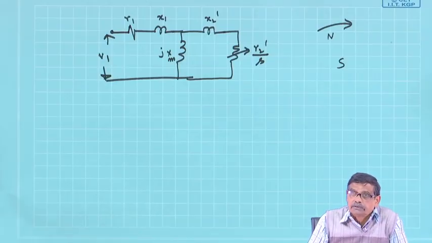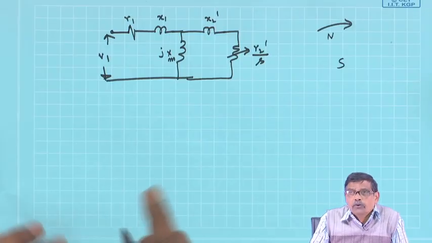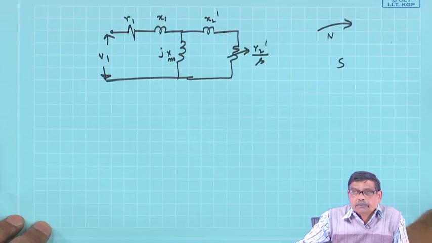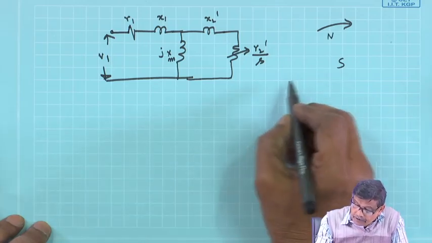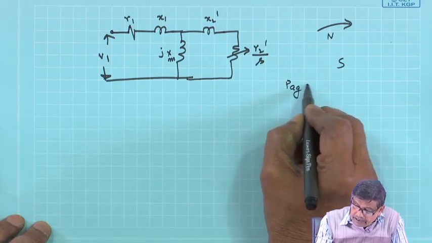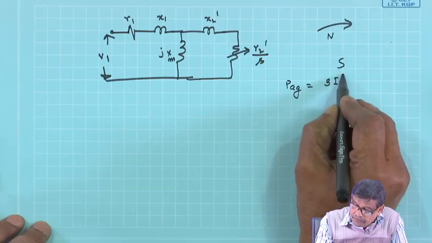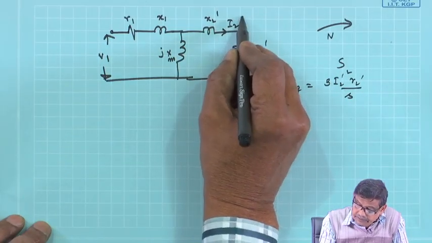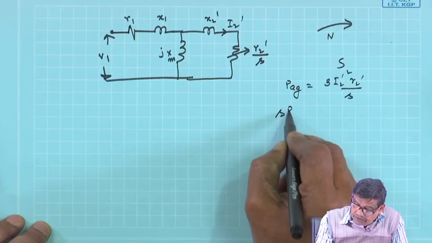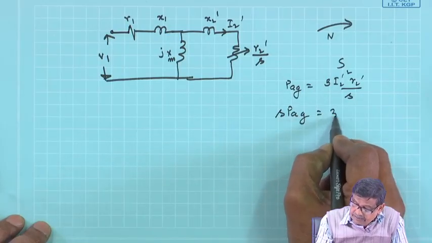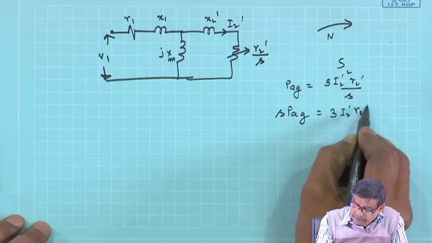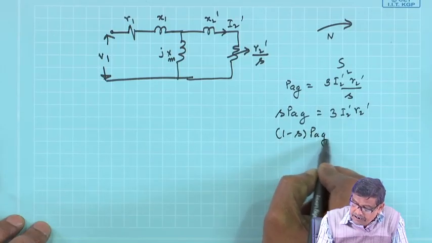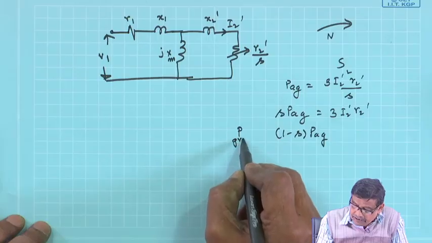You need not go to the level of mechanical power developed, although that can be done, because PAG is 3 I2 dash squared R2 dashed by S, this is I2 dashed, and rotor copper loss is S PAG, that is 3 I2 dash squared R2 dashed. Then gross mechanical power developed is (1 minus S) PAG.